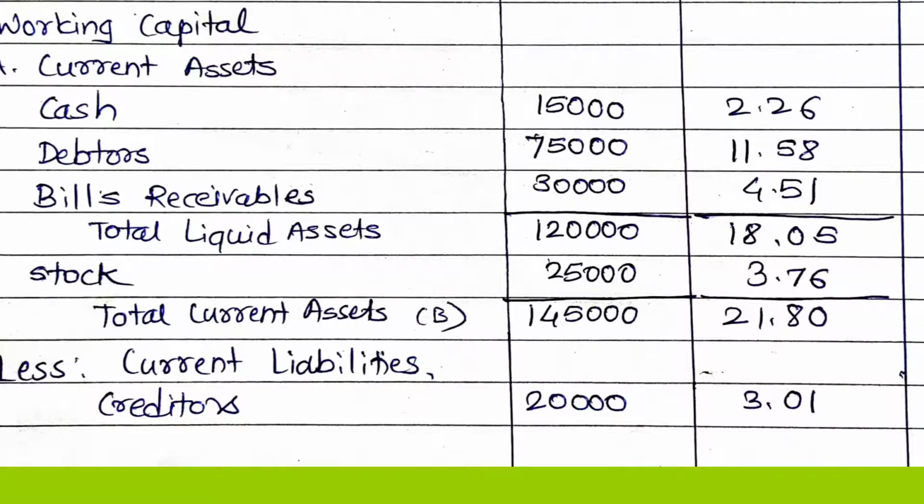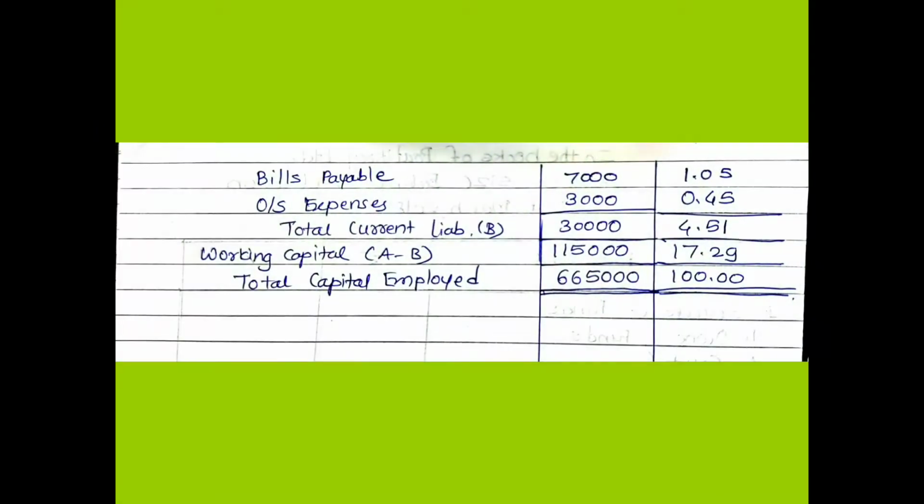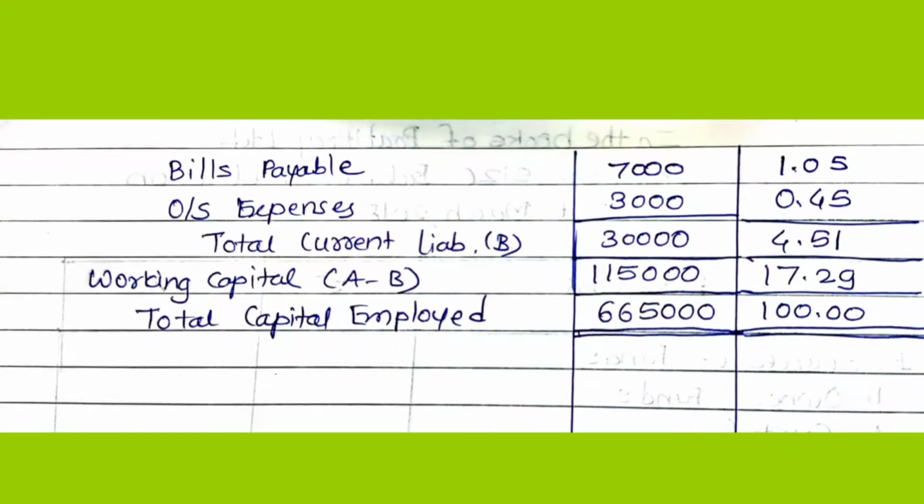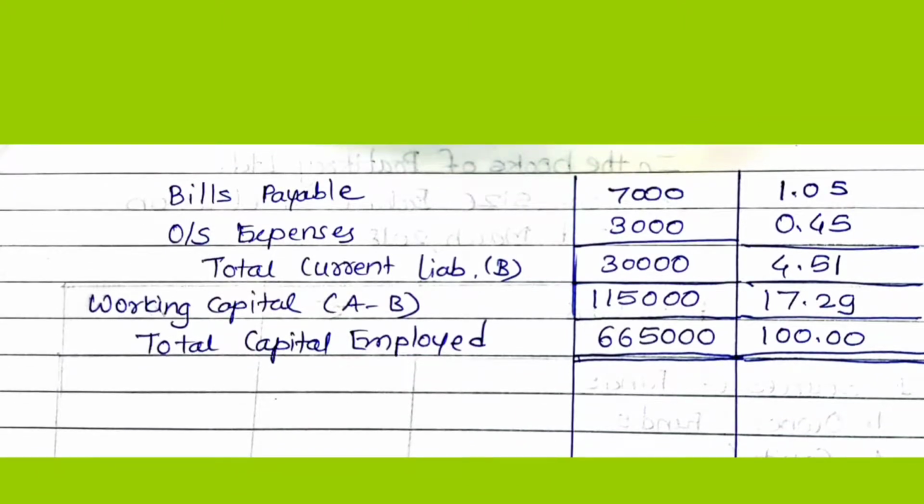Now it is the turn of current liabilities. Creditors are 3.01%. Bills payable are 1.05%. Outstanding expenses are 0.45%. So total current liabilities are 4.51%. And after deduction of current liabilities from total current assets, we got the working capital of 1,15,000, and we have calculated the percentage for it also.